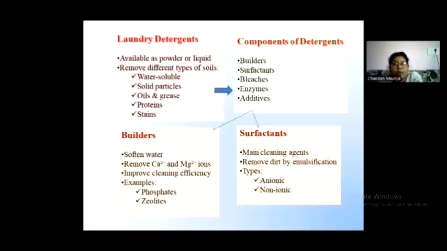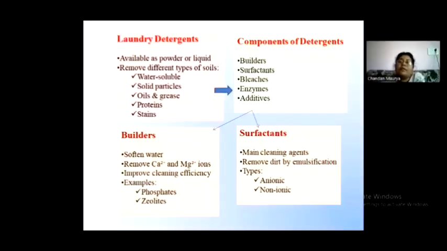Now let's come to the laundry detergents. Laundry detergent is a type of detergent or cleaning agent used for cleaning dirty laundry or clothes. Laundry detergent is manufactured in powder form, generally known as washing powder, and liquid form.